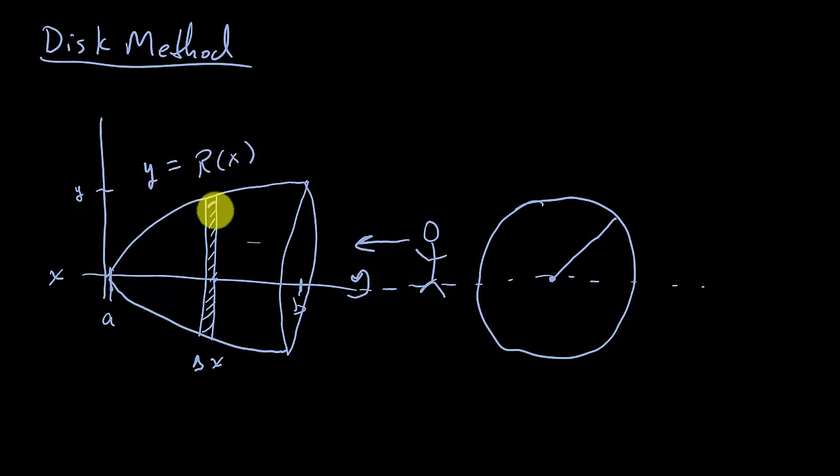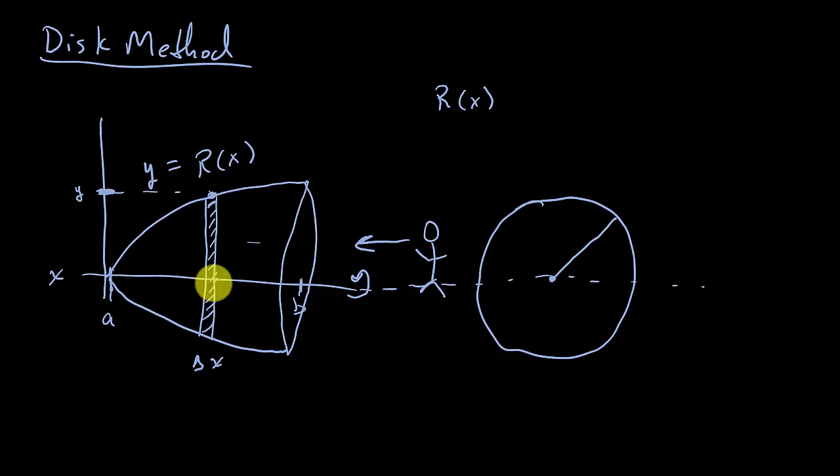So the radius would be big R of x. That's the distance from here to here, this y value here. How do we get that? It's whatever the y value of this function is.